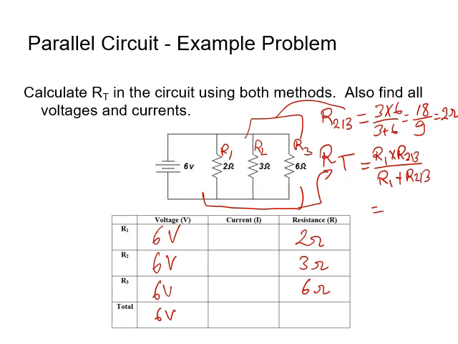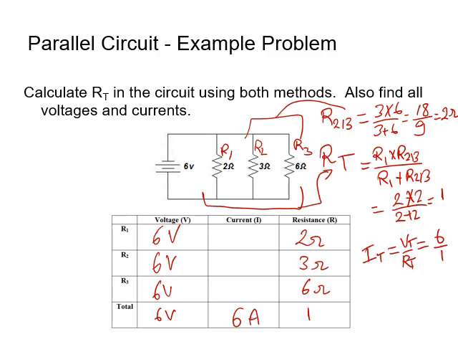This is equal to 2 times 2 divided by 2 plus 2, which is 4 divided by 4, equal to 1. So all of this is equal to 1 ohm. So I total is equal to V total over R total. V total is 6 divided by 1, so I total is 6 amps.